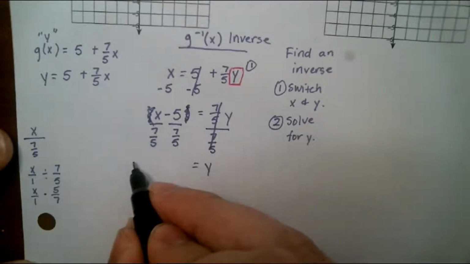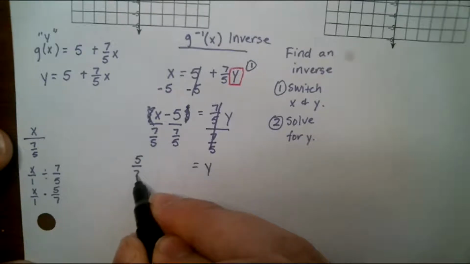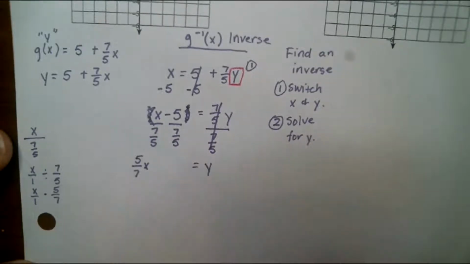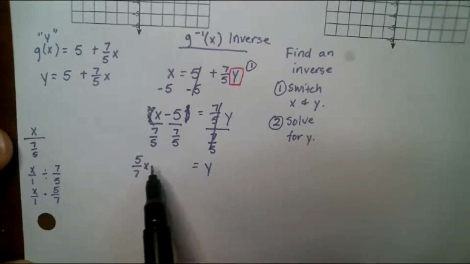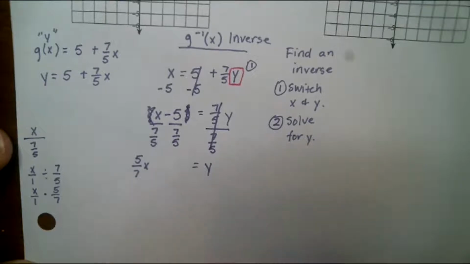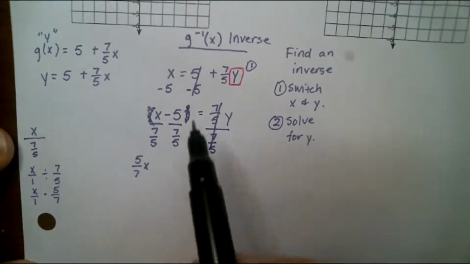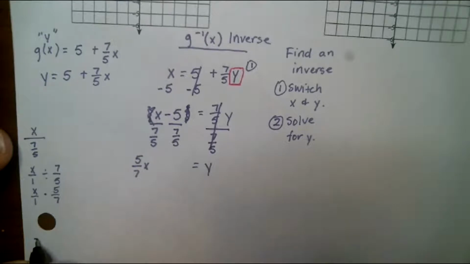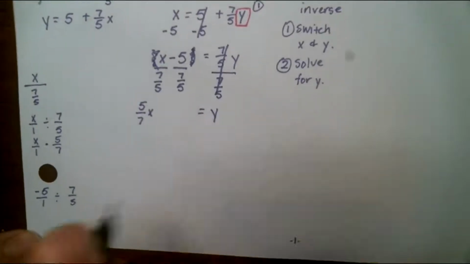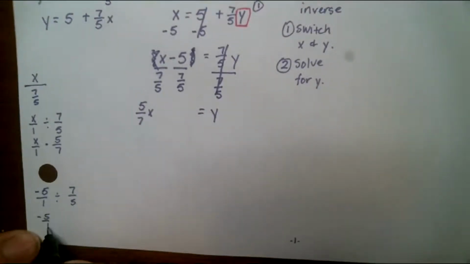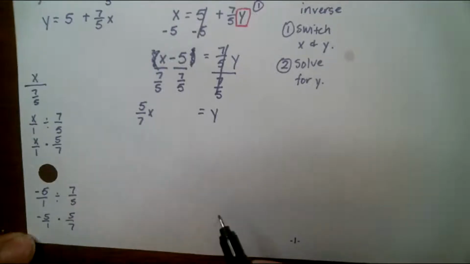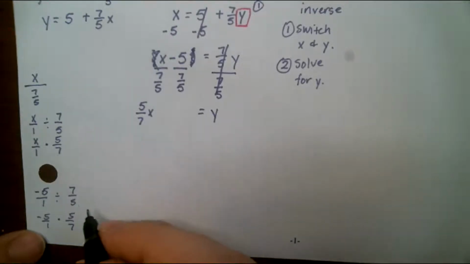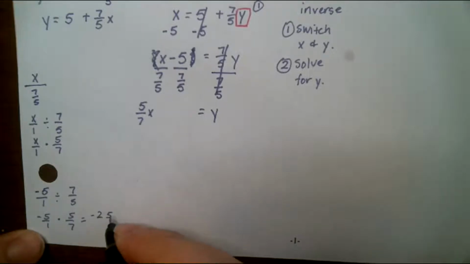So that would look like this: 5 times x is 5x over 7. And then I can just write the x to the side. That's going to make some sense when we have to graph it here in a second. And then same thing with this negative 5. I would say negative 5 over 1 divided by 7 over 5, and I would get negative 5 over 1 times 5 over 7, which takes me to negative 25 over 7.